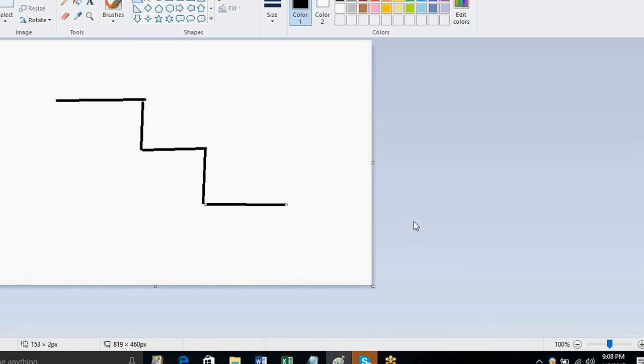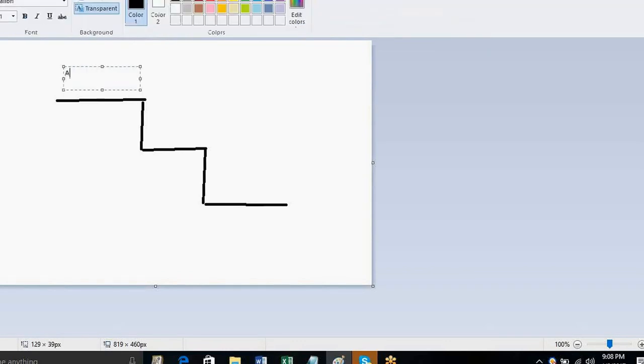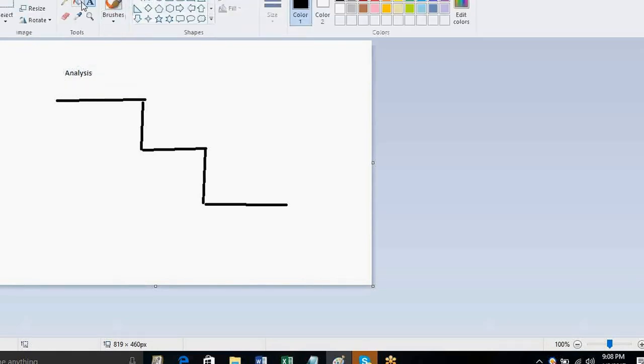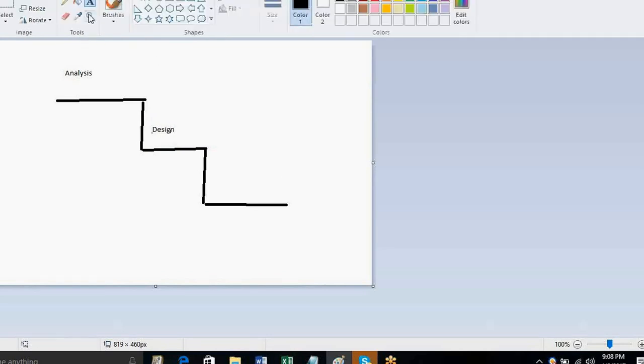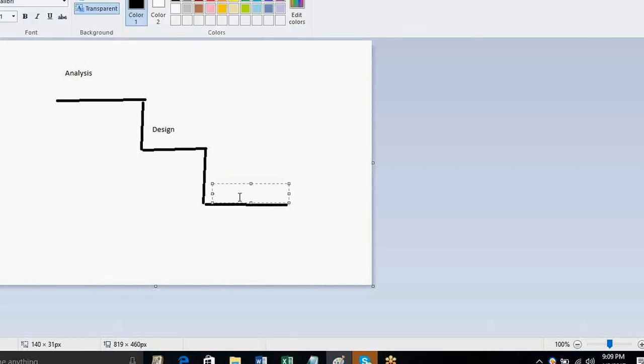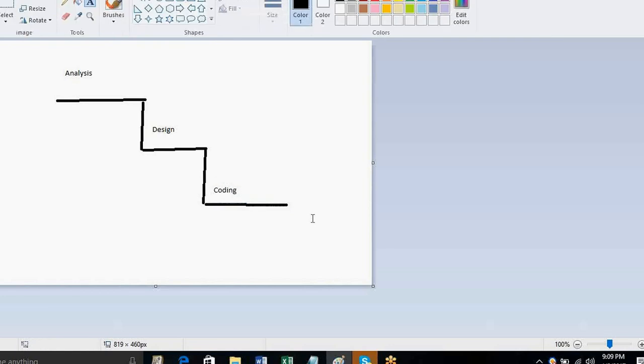Are these some stairs or something? Right? So what these are: analysis, your phases. Design. Coding, and so on and so forth, testing, implementation, and support, right?